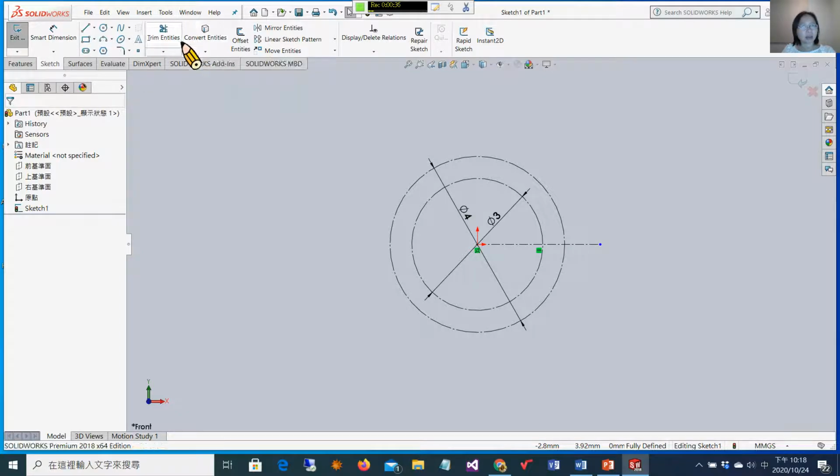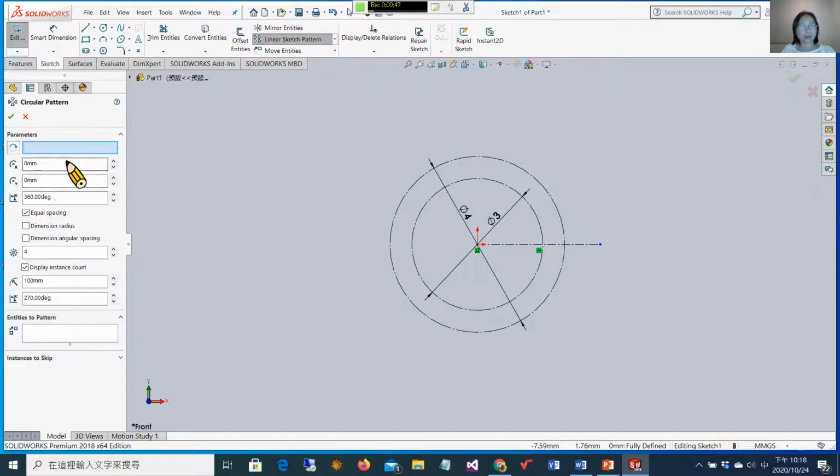I use the circular sketch pattern function to do that.